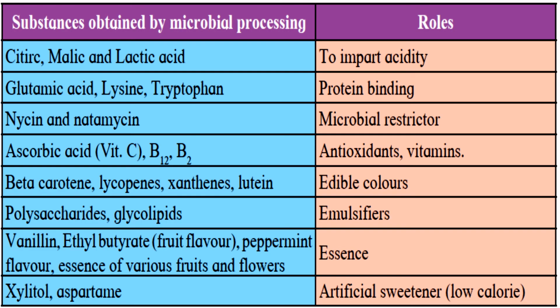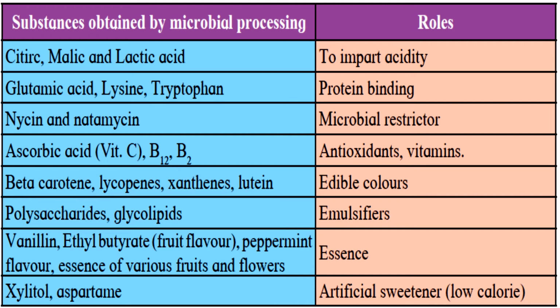Substances obtained by microbial processing: citric, malic, and lactic acid to impart acidity. If you want to impart acidity to any of the substances that have been prepared, you just need to use citric, malic and lactic acid. Okay. Glutamic acid, lysine, tryptophan, it helps in protein binding.